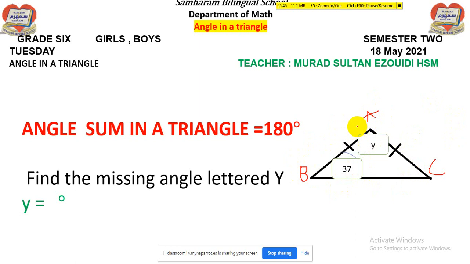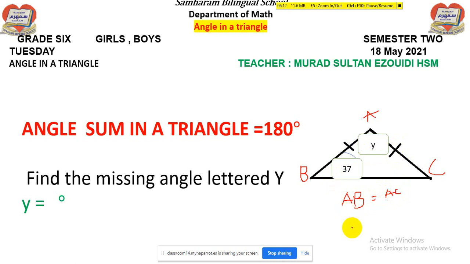Why? Because we have two sides equal in length. This side AB is equal to AC. You can see that the distance AB is equal to what? To AC. So as we have two sides equal in length, this triangle is an isosceles triangle.